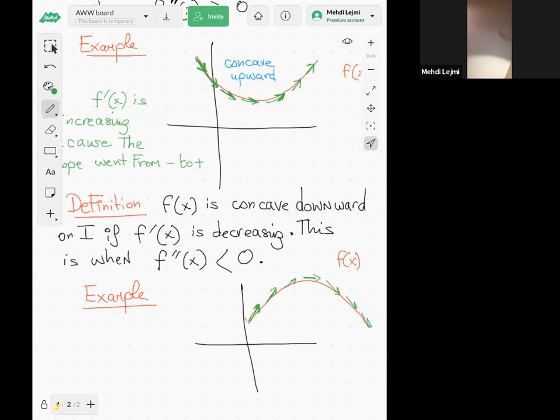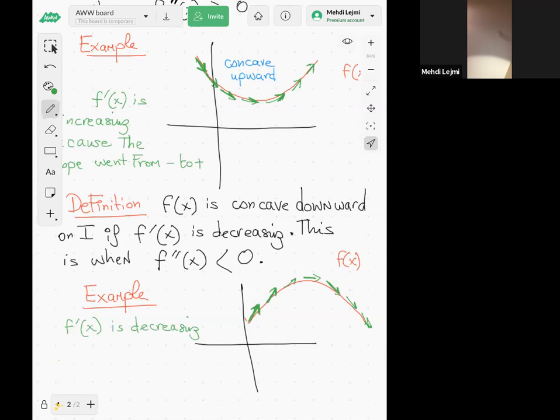So the slope first is positive, and then it becomes negative.